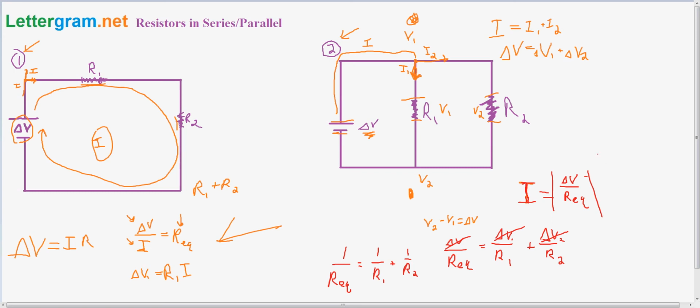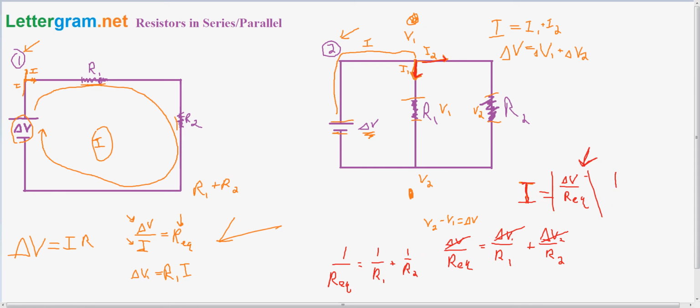We do that because of right here. Since the current is not constant, the current is changing for each of these individual, because of these junctions, they're changing. We're not going to have the current in most cases. We're going to need to solve it using the potential instead of the current. So now we have these.